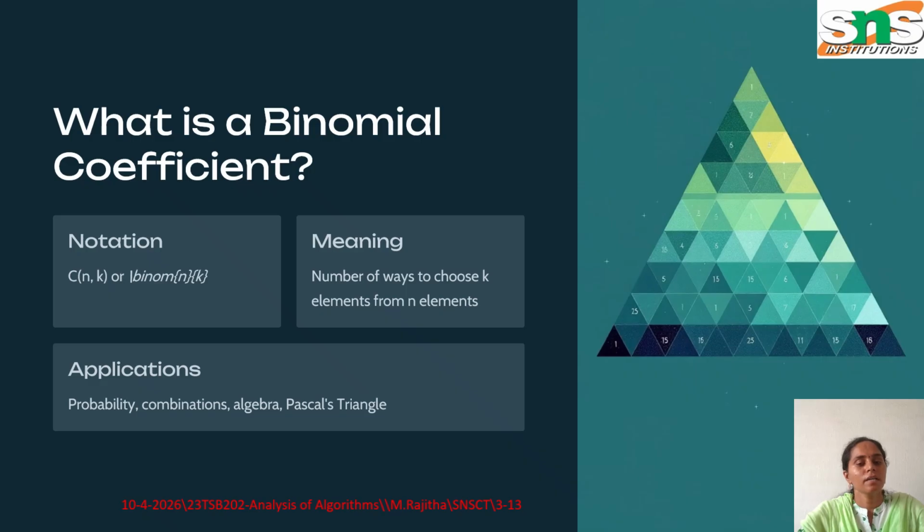For example, if we have 5 items and we want to choose 2, the number of ways is written as C of 5, 2. Binomial coefficients are widely used in probability, combinatorics, algebra, and in Pascal's triangle. They form the foundation for many mathematical and algorithmic problems.